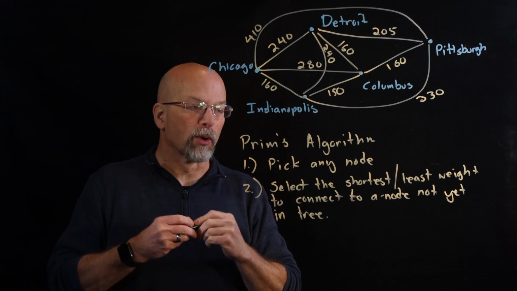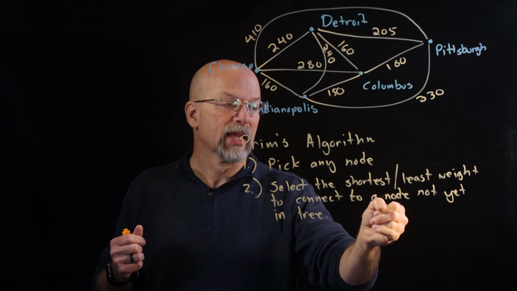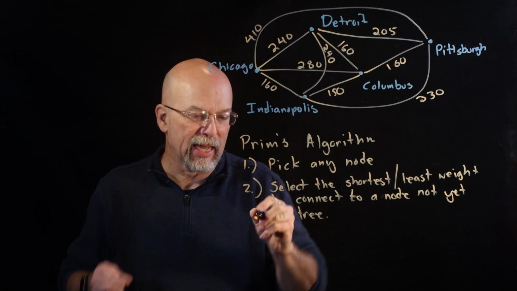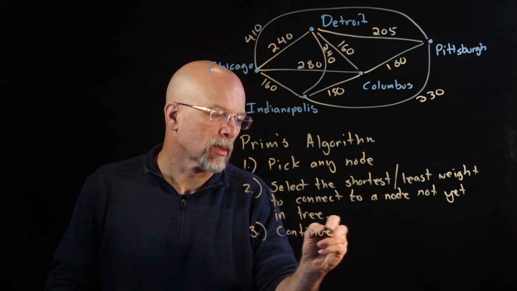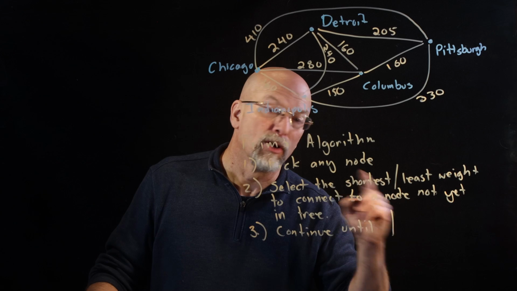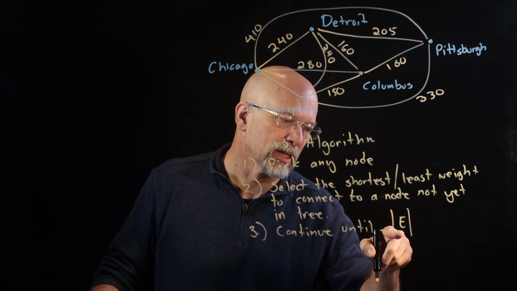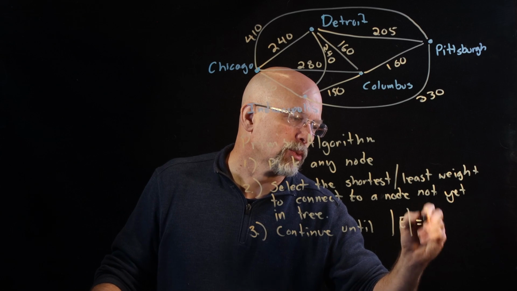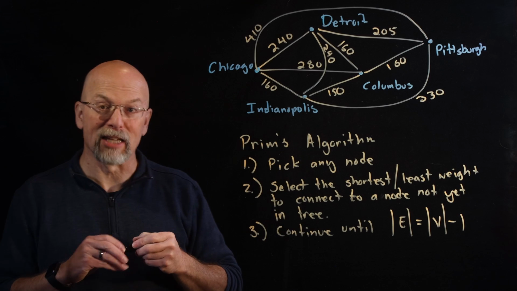And by doing this, what we're going to do is add that node, pull that node into our tree, and then go ahead and do it again. So continue until we're looking at the cardinality of the number of edges, right? So the set of edges is equal to the cardinality of the number of vertices minus 1, because that's going to give us a tree.